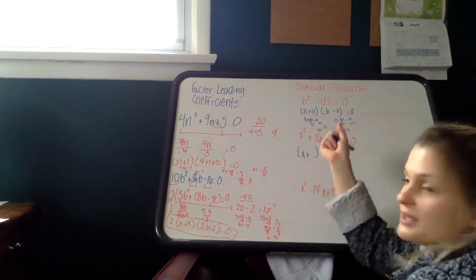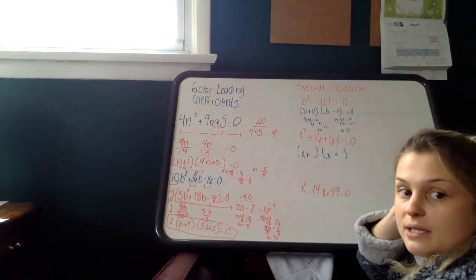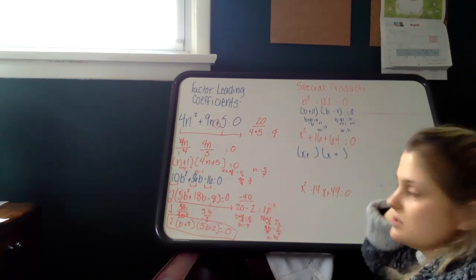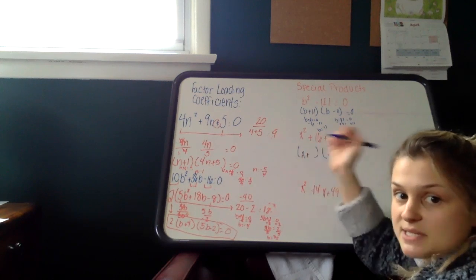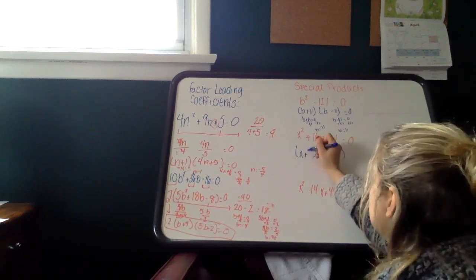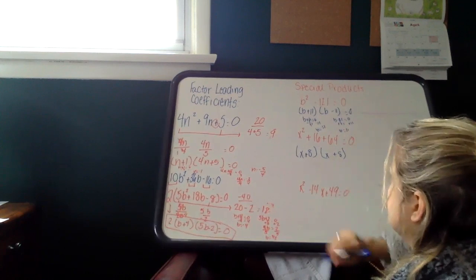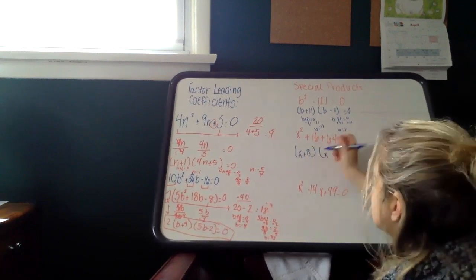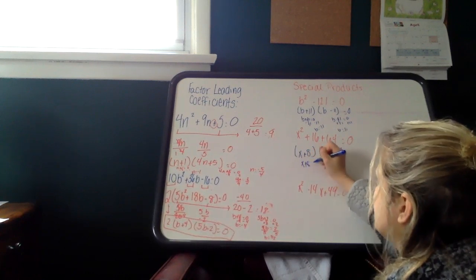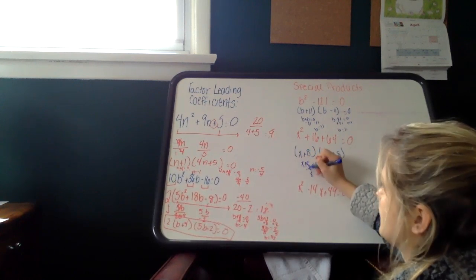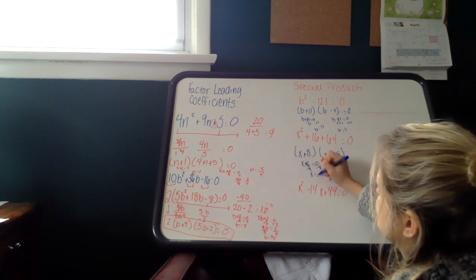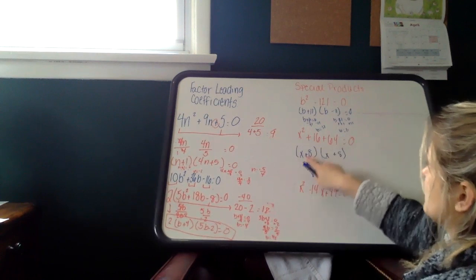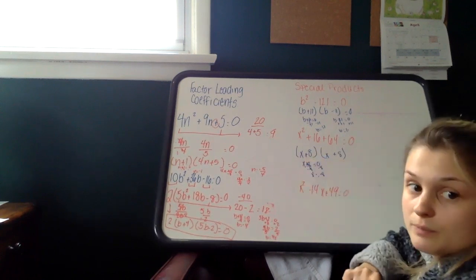In this case, it would be 8. Because 8 times 8 equals 64, 8 plus 8 equals 16. So for this case, you would just do x plus 8 equals 0, subtract 8 on both sides, x equals negative 8. So when you see 2 plus signs, it's just 2 plus signs in here as well, okay?